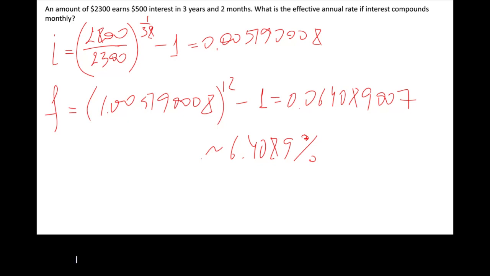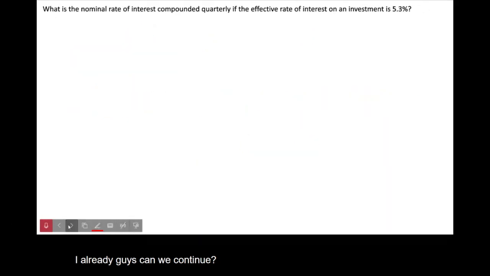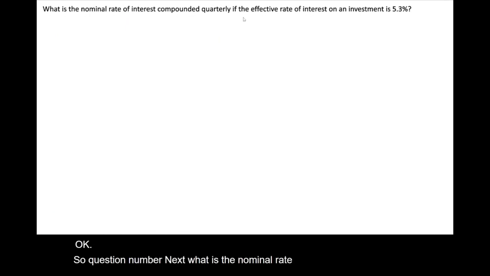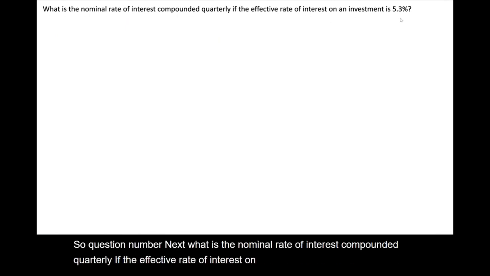Are you ready, guys? Can we continue? Okay. So next question: what is the nominal rate of interest compounded quarterly if the effective rate of interest on an investment is 5.3%? Okay, 1 minute, guys, please do.